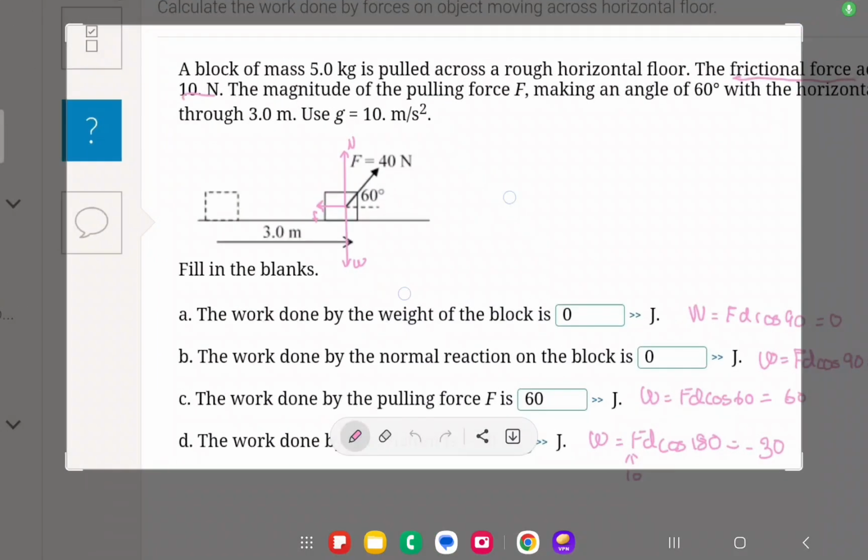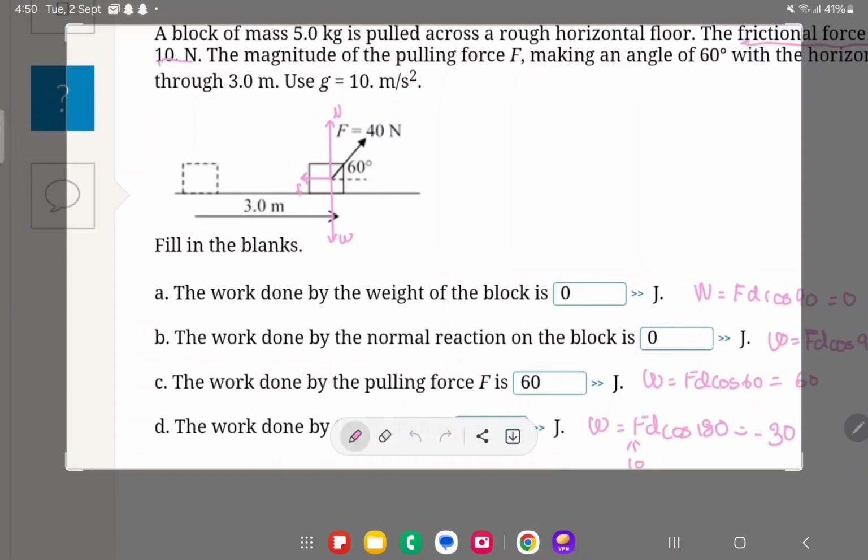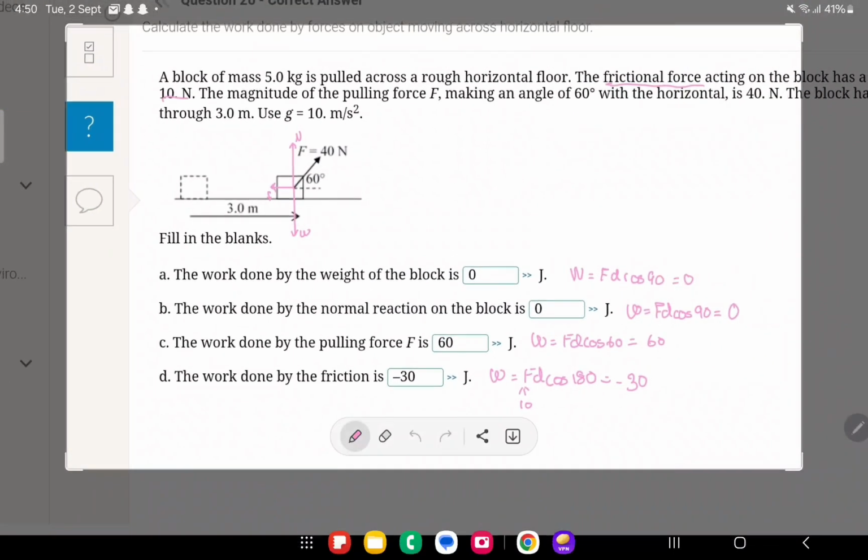For this one, when they give you this type of question, like I said in the other question similar to this one, when you have an angle, you have to use this formula, W equals FD cosine the angle.